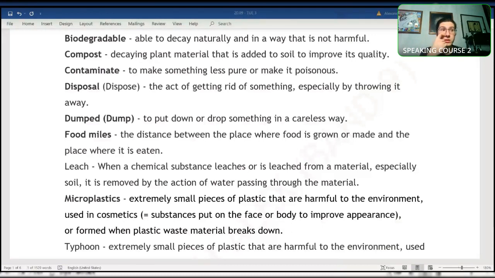I recommend you study microplastics because I know a bit more about this than about leach and food miles. So I can tell you microplastics is very dangerous. But the worst part about microplastics, the most terrible part, this is for me very scary. We don't actually know just how bad it is. Maybe it's not bad at all. Maybe it's okay that we're eating plastic. But maybe our lives are becoming significantly shorter because of it. We don't know. So microplastics is a kind of new problem.